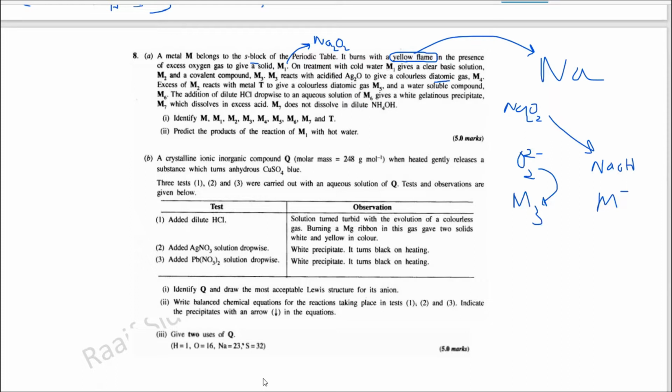This gives you the idea from the first point that you can automatically identify the element, sodium. The oxide is Na2O2, which forms NaOH when reacted with water, and the covalent compound is H2O2. When this reacts with Ag2O, the Ag is reduced and the oxygen in the -1 state is oxidized to O2, which is our M4.